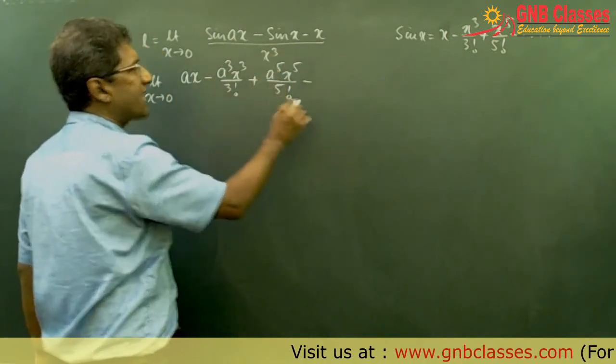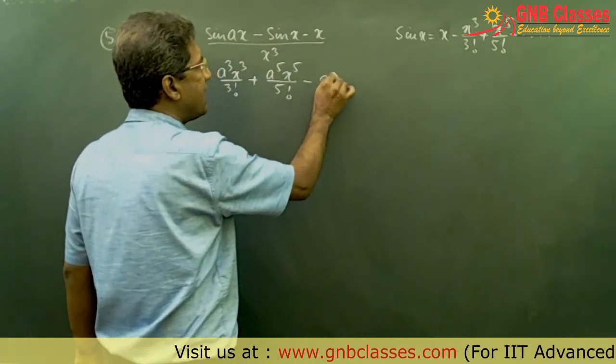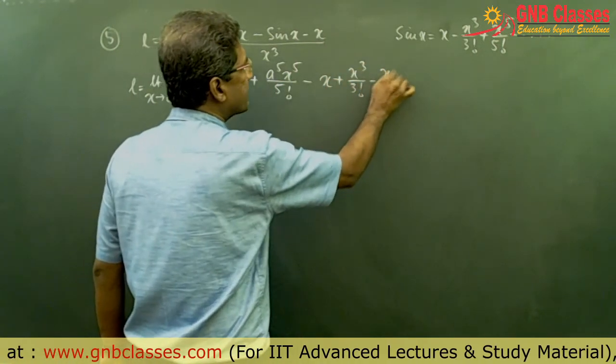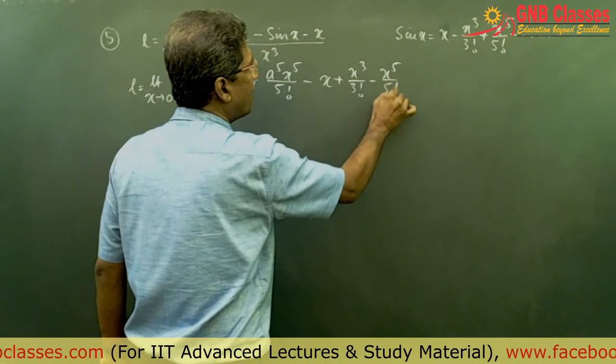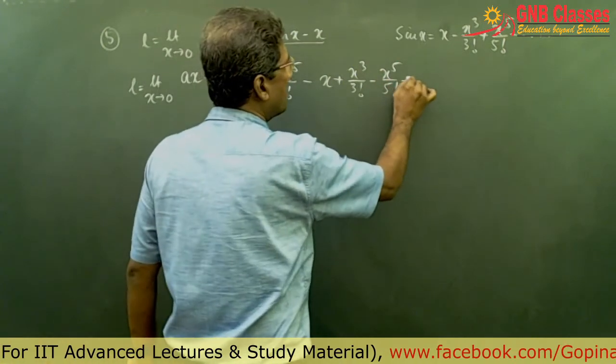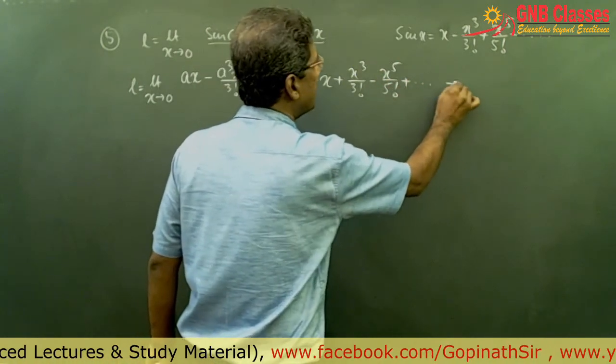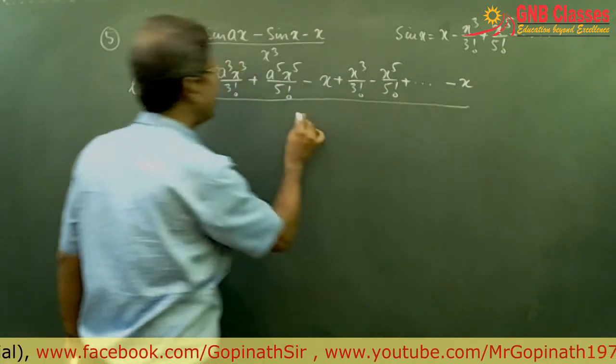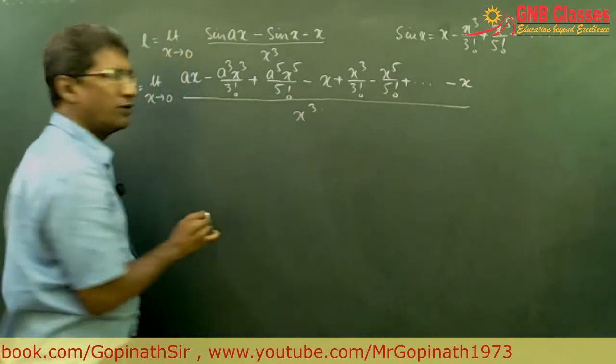Minus, again for sine x we get x minus x cube by factorial 3 plus x to the power 5 by factorial 5, and minus x is there, divided by x cube. Is it clear to all of you?